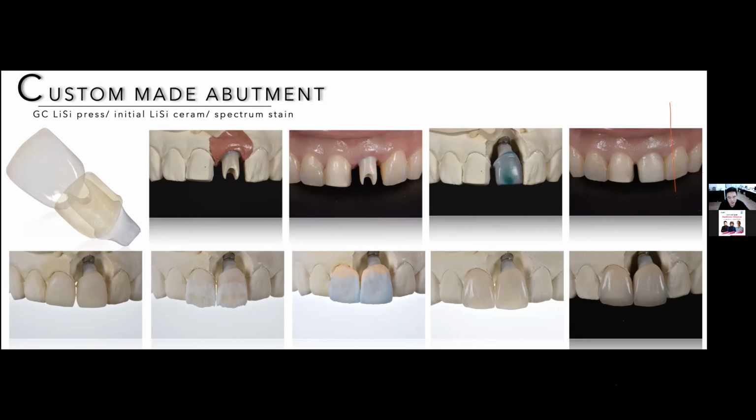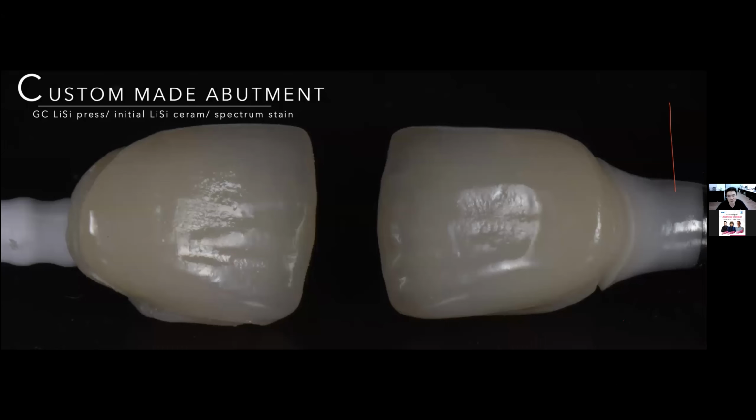So I can very easily finish this case, and I can easily get the same final result. So this is what you can see. One is a natural abutment, and the other is the two-piece zirconia custom abutment and the veneer.